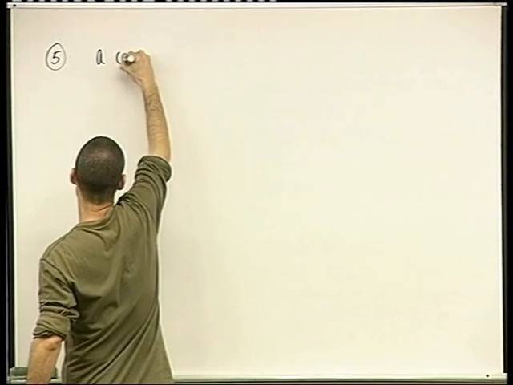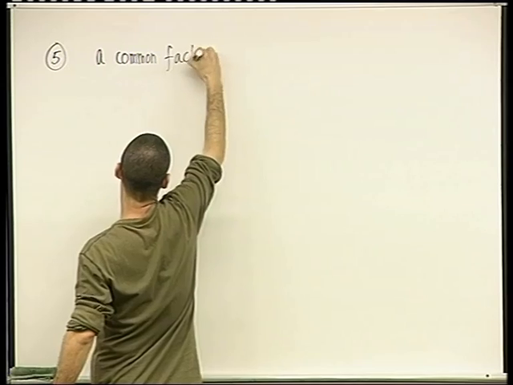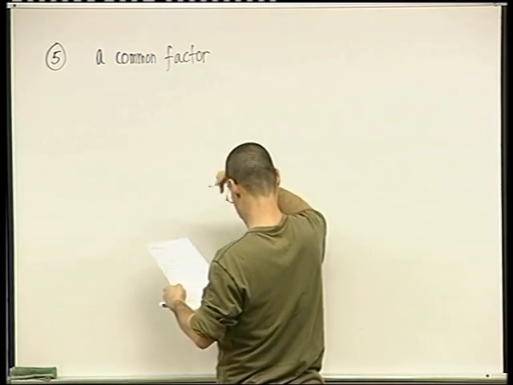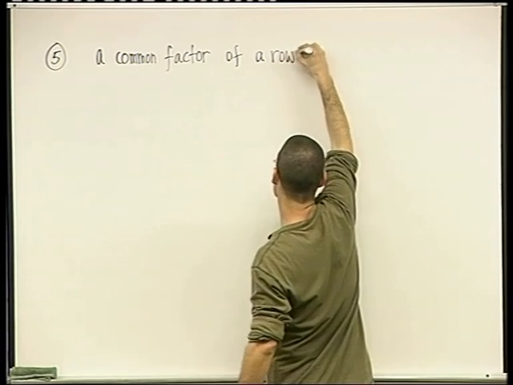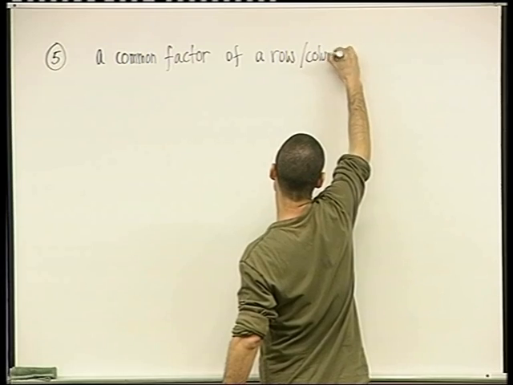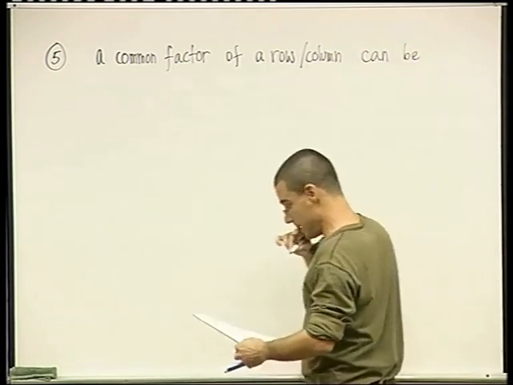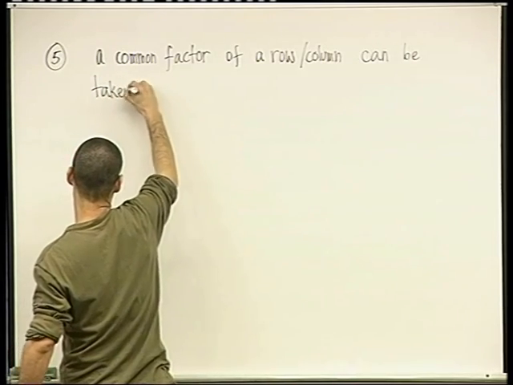A common factor of a row or a column can be taken out of the determinant.